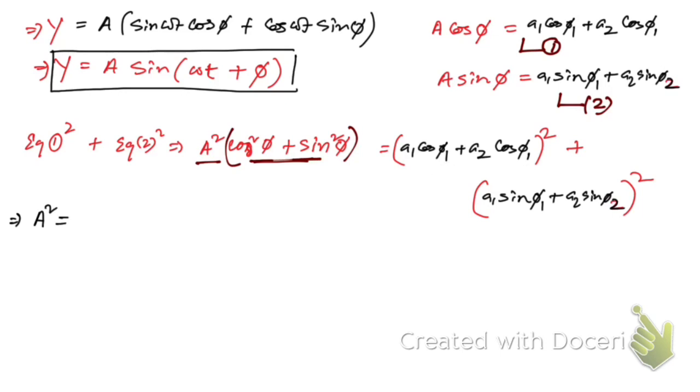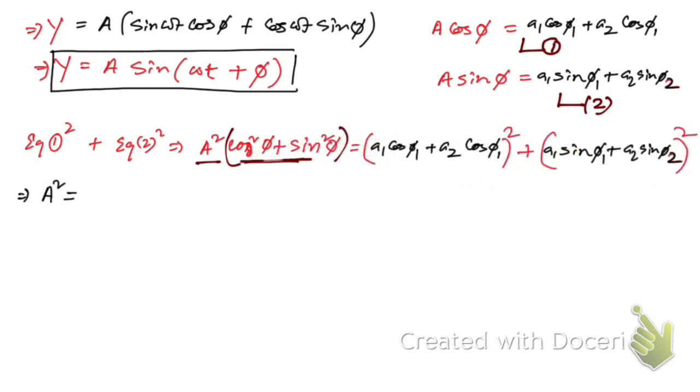Now let us expand these two. We're going to have a1 square cos square phi1 plus a2 square cos square phi2 plus 2 a1 a2 cos phi1 cos phi2.